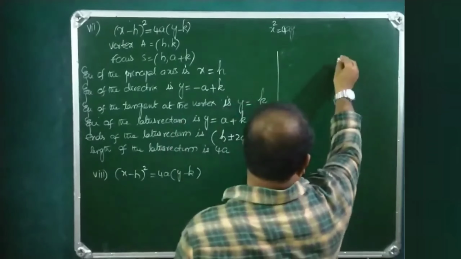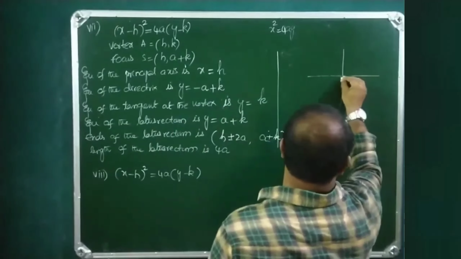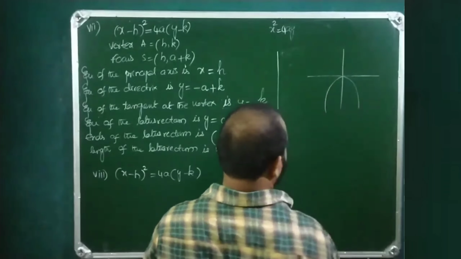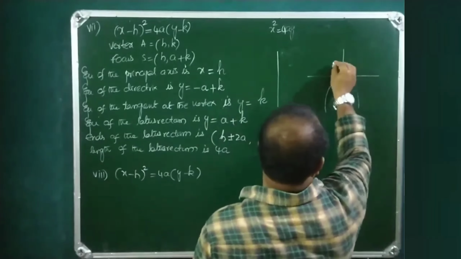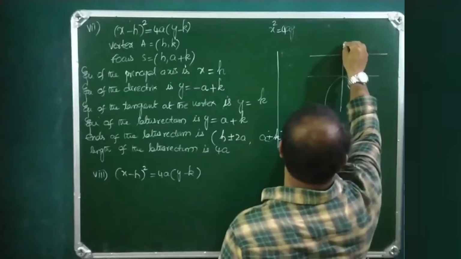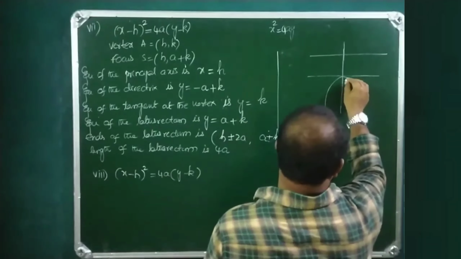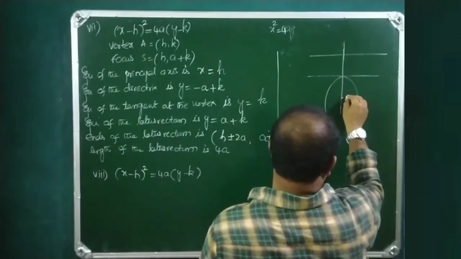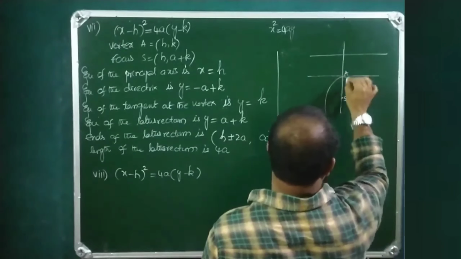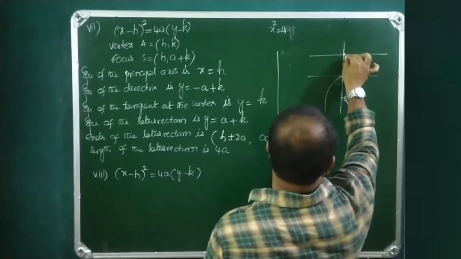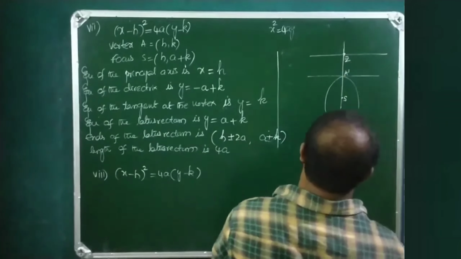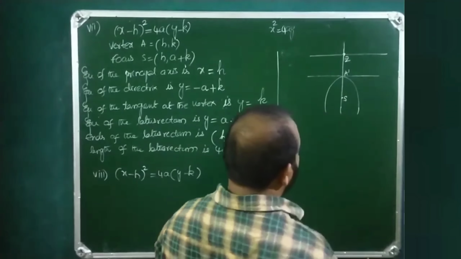This is our vertex. This is S, this is A dash, this is Z.